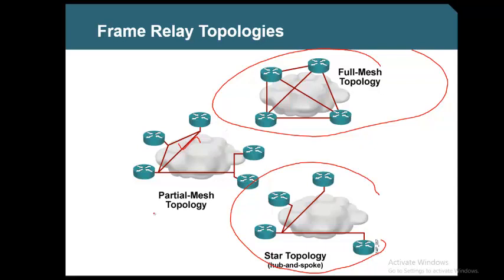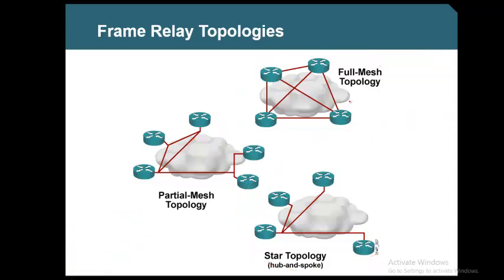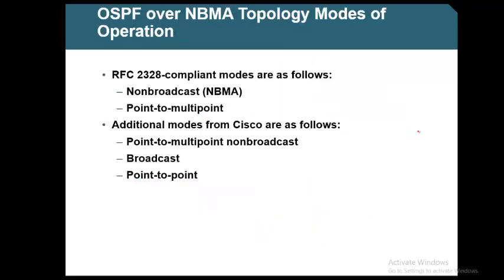Whenever you have full mesh, you can have a mode that will have DR-BDR election. Whenever you don't, then you should choose a mode which will not elect DR-BDR. We are going to learn 5 modes, in which some modes will have DR-BDR and some will not. That's why we are learning these 5 modes.